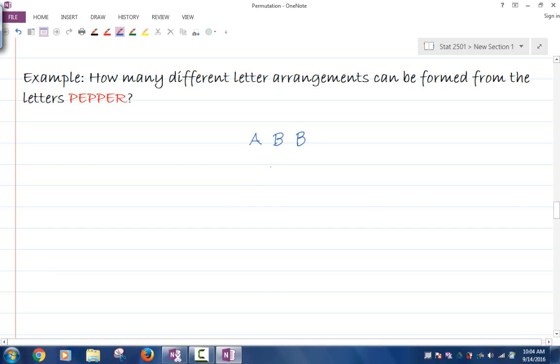But the problem here is when you interchange B and B, you don't get a new permutation, right? Is everybody clear on that? So how am I going to count then?